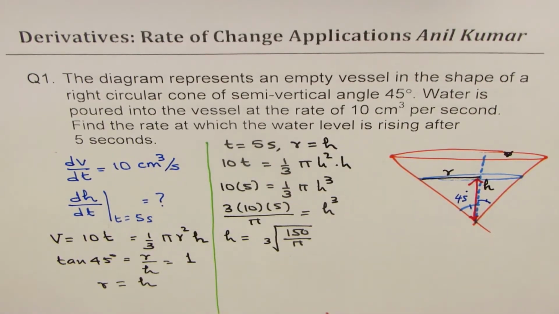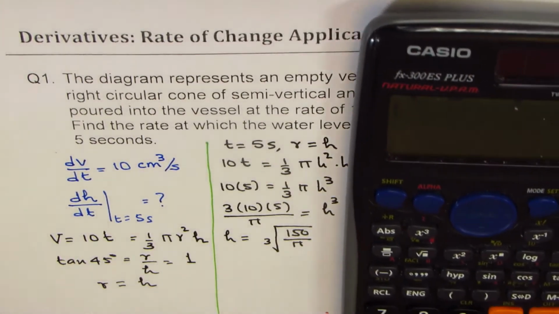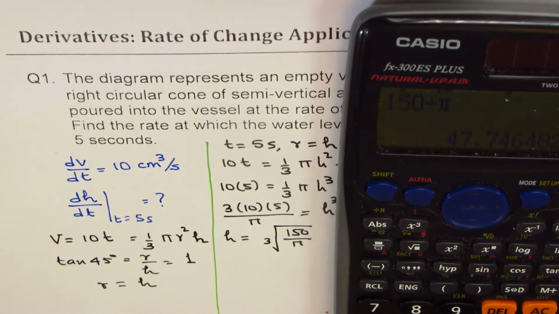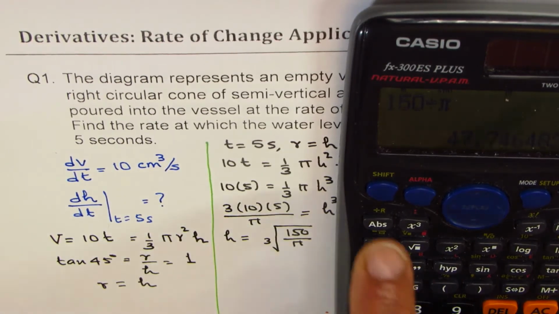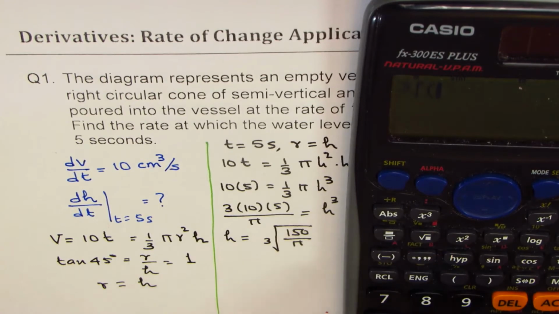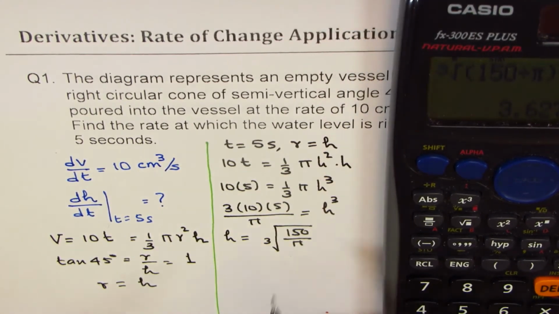So let's calculate this height. 150 divided by pi is 47.74, and if I take the cube root of this, cube root of 150 divided by pi, bracket close, equals 3.62.